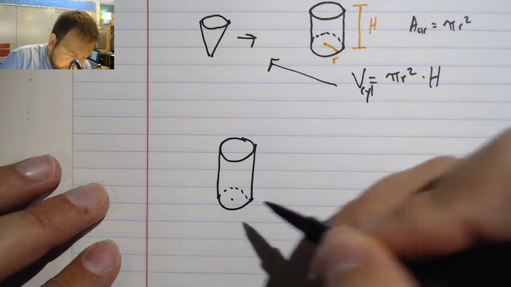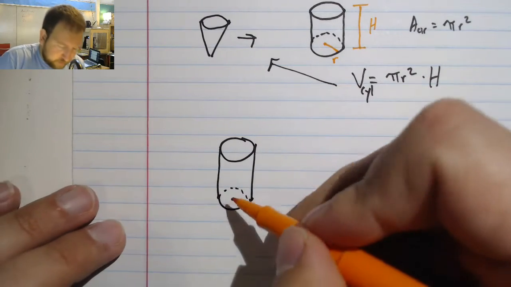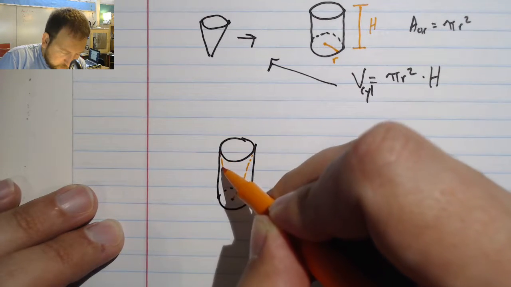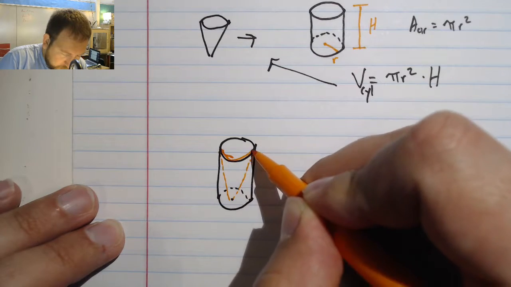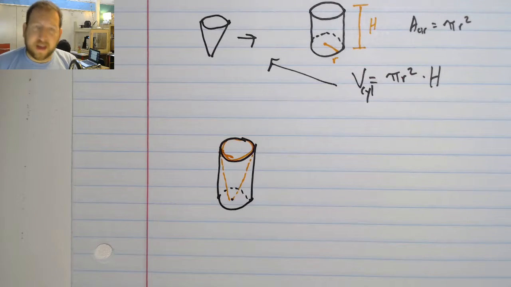Let me use a different color this time, I can actually build my cone, and notice how it fits inside this cylinder.